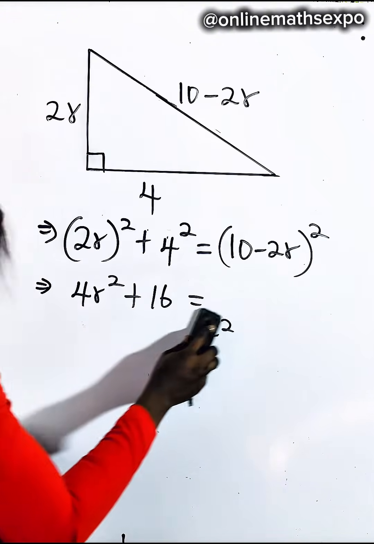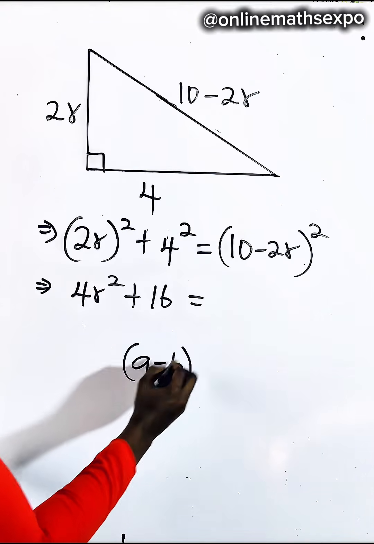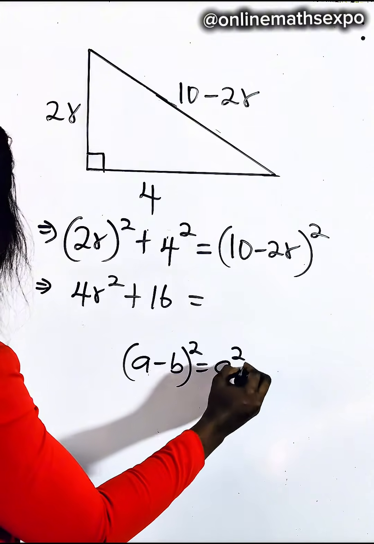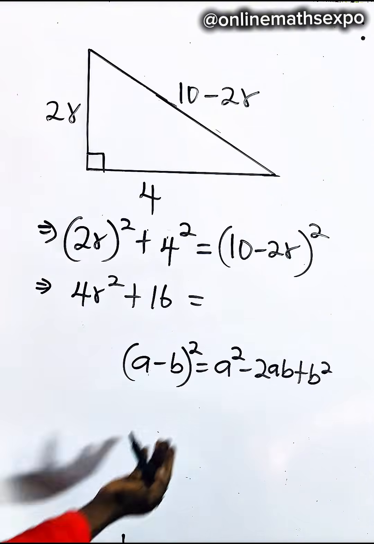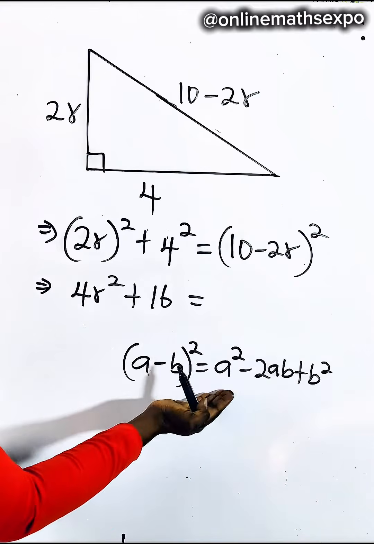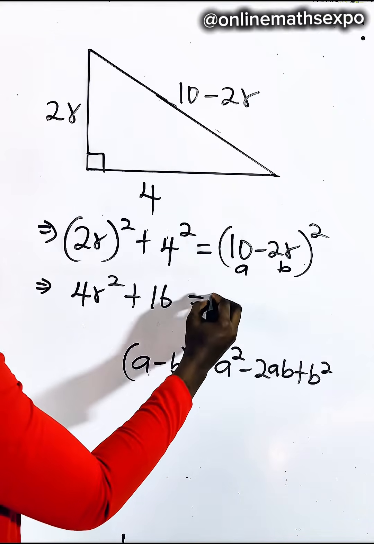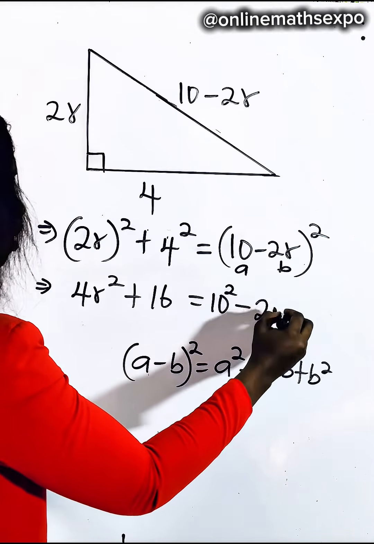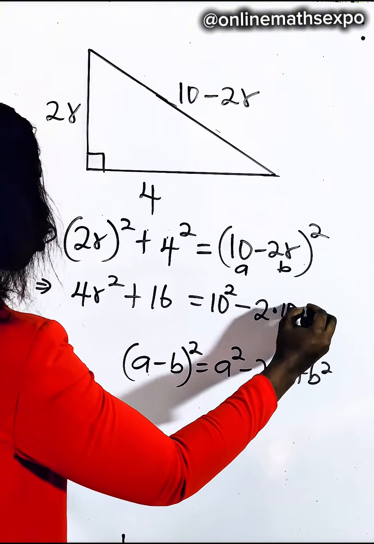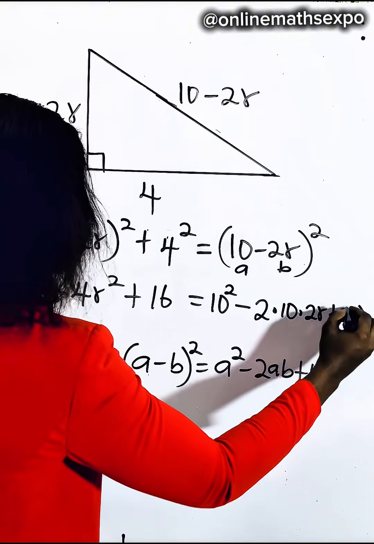Now to simplify this, we know too well that for every a minus b squared, it's always a squared minus 2ab plus b squared. So we can apply this identity here. This is a and this is b. So we have 10 squared minus 2 times 10 times 2r, plus 2r squared.